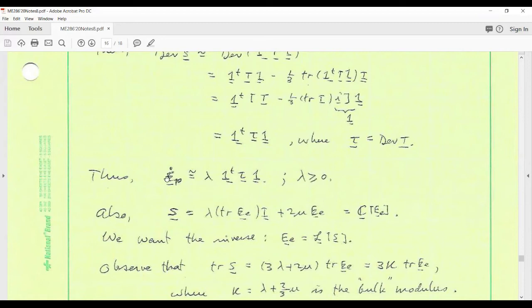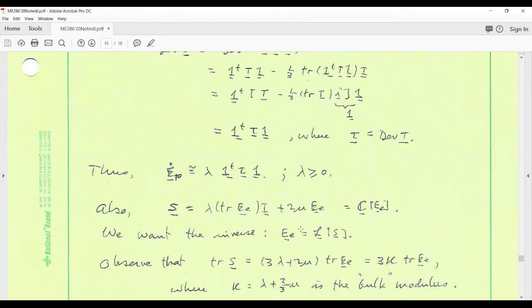So I've got some information in the decomposition of the strain into elastic and plastic parts. Let's remember that the elastic strain is related to S in this way. We'd like the inverse of that. We'd like to invert that so that we can add the elastic strain to the plastic strain and get the total strain.